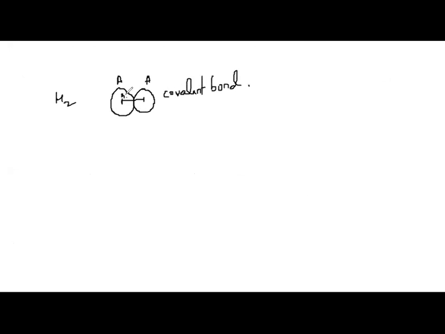This is the radius of atom A, this is the radius of another atom A. So this is the distance in the AA molecule. Half of it becomes the covalent radius.